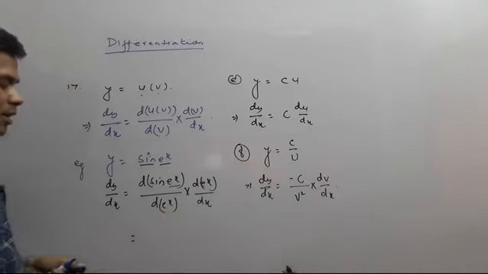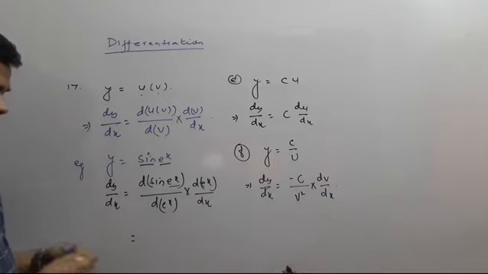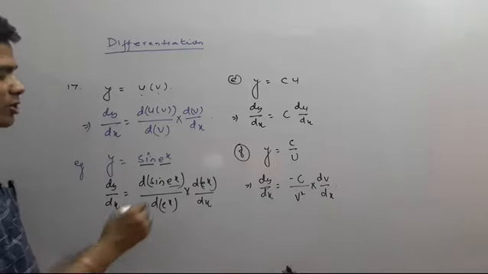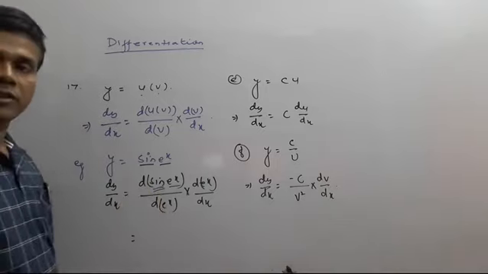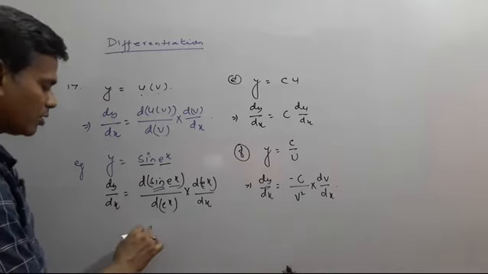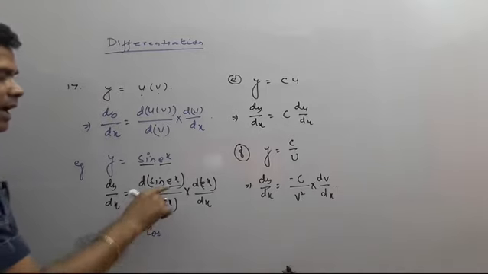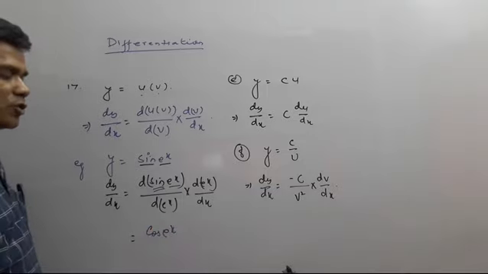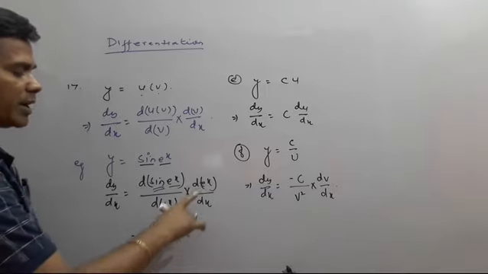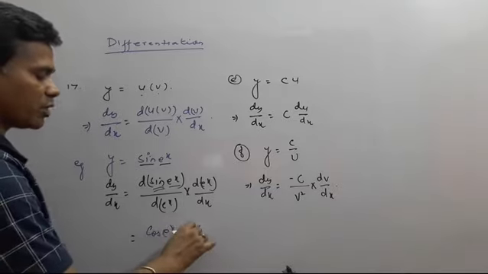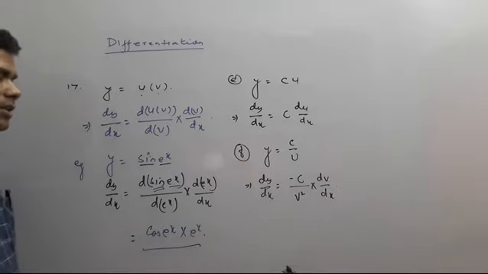So what are we actually doing here? We are differentiating sine, and the differentiation of sine is cos. So we write cos, and the angle is e to the power x, into the differentiation of e to the power x, so e to the power x. This is our result.